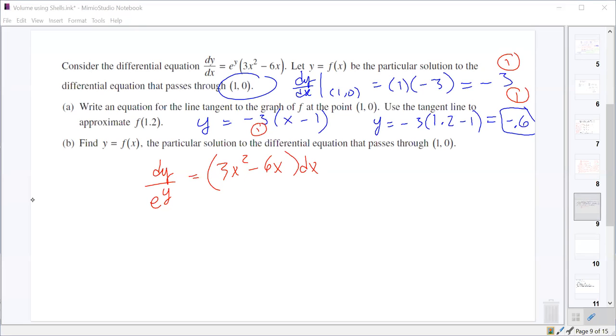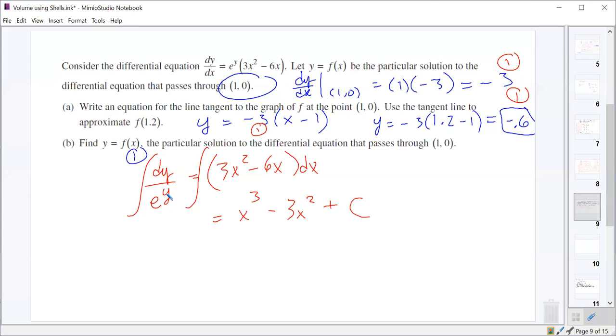Once again, 1 point for separating them. Then you got to integrate them. So on the right-hand side, that should be easy. That should become what? X cubed minus 3x squared plus your constant.